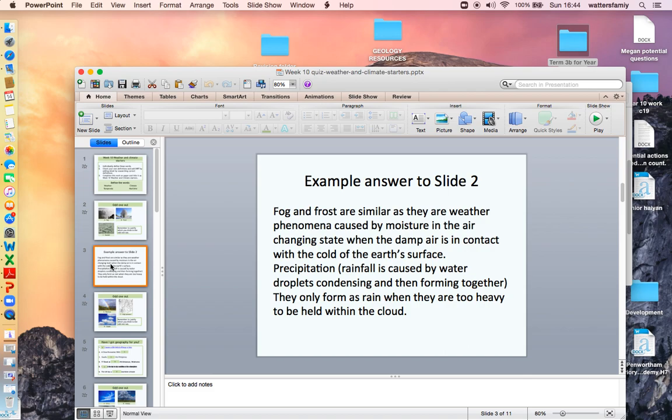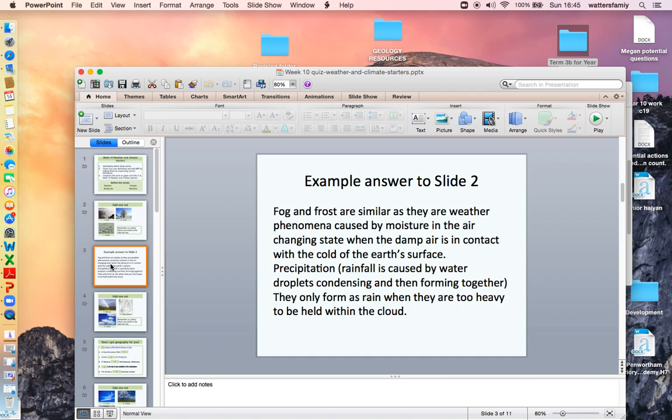So fog and frost are similar. The weather phenomenon or the conditions caused by moisture in the actual air itself changing state. So the water vapour, the gas, when it's in the damp air, then is in contact with the cold of the Earth's surface, and then fog is formed in the air itself and frost at the surface.